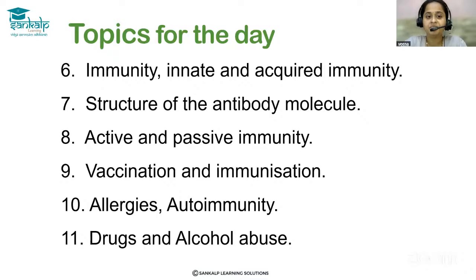And in that topic only, we are going to discuss about the structure of antibody molecule, and we also discussing active and passive immunity, and then vaccination and immunization, allergies and autoimmunity topics, and then drugs and alcohol abuse.